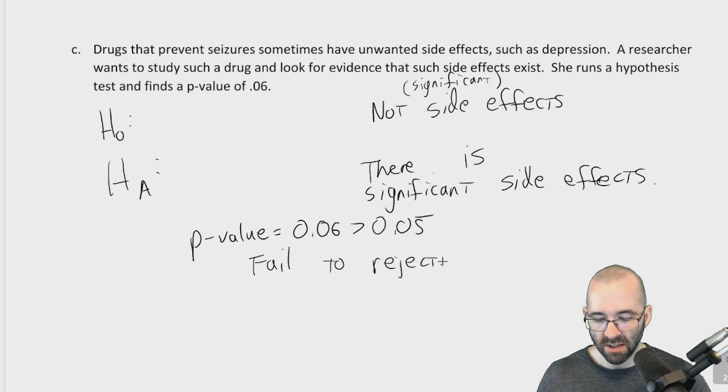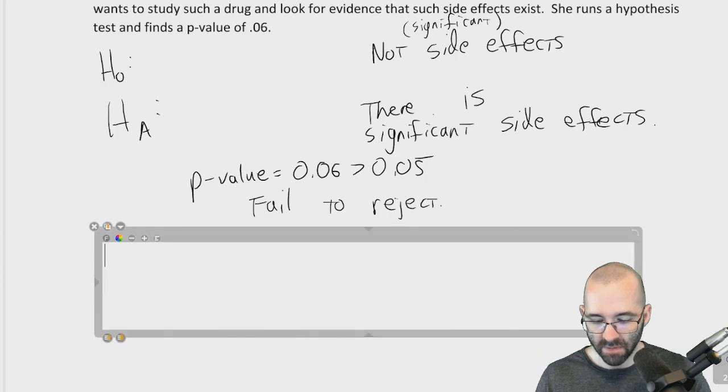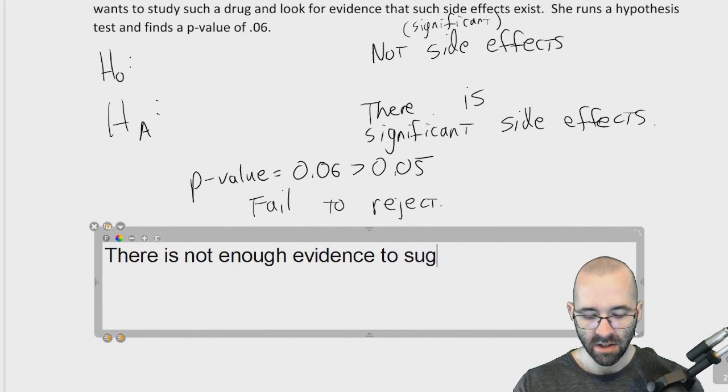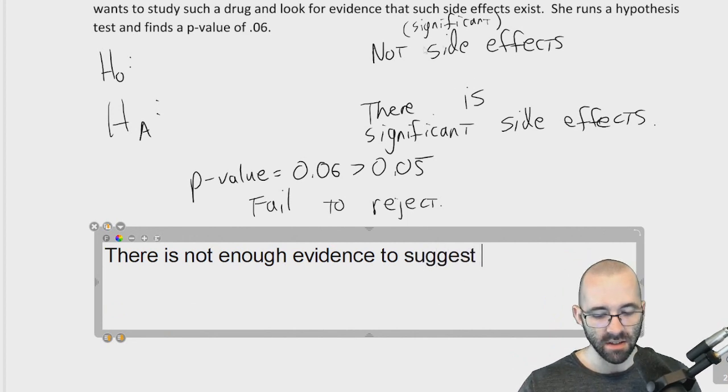Since we fail to reject, we'll phrase our sentence the same way we did the last one. There's not enough evidence to suggest that this is false.